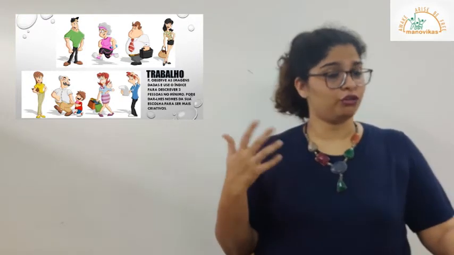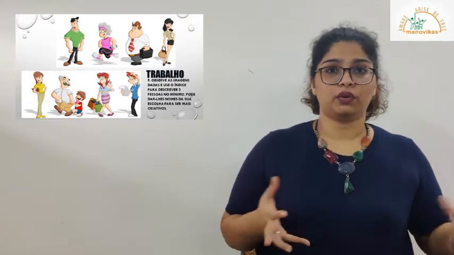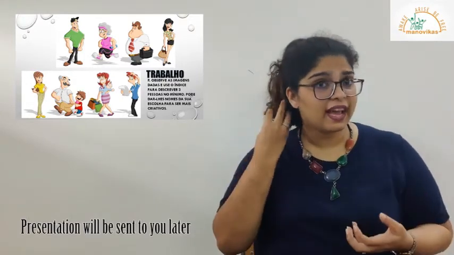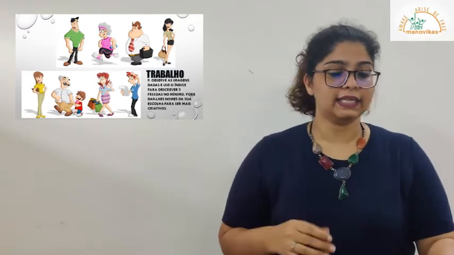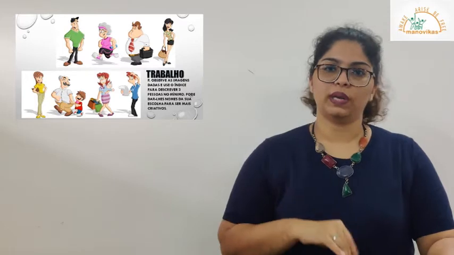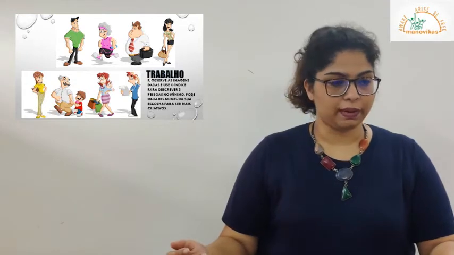Whether the person is tall, short, old or young, fat or thin, what kind of hair they have, what kind of eyes, maybe if you can see their eyes, and then describe them. That again you will have to send me after writing it in a notebook. Send it to me on WhatsApp, or you can send it to me by email.